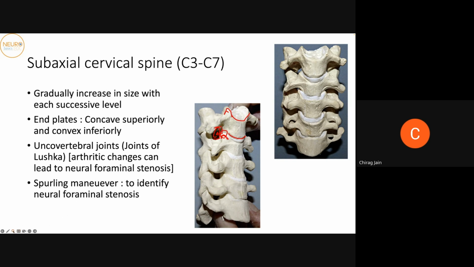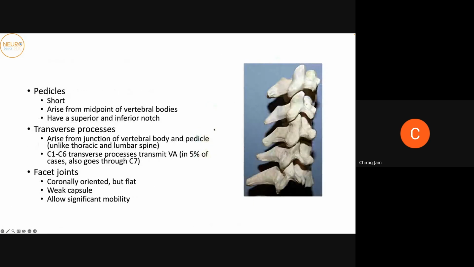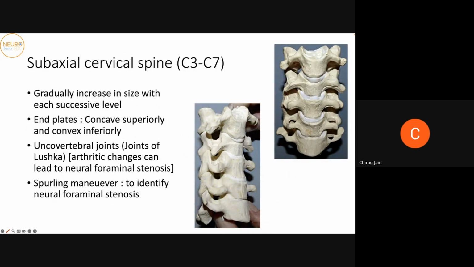Right, so this is the superior pedicle, this is the inferior pedicle, part of the vertebral body, and the intervertebral disc, and posteriorly by the facet joints.